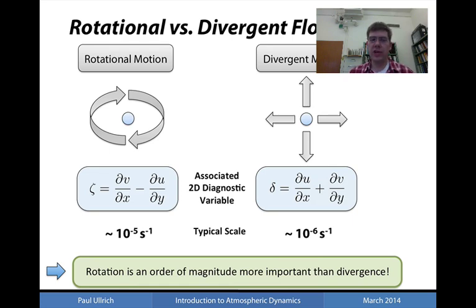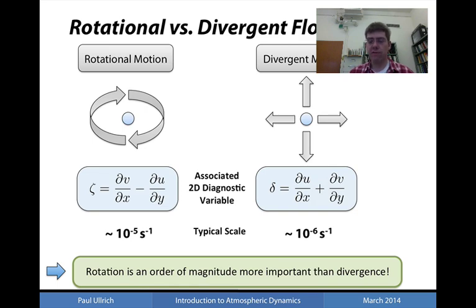So comparing rotational versus divergent flow, rotational motion, denoted by zeta, is defined by ∂v/∂x minus ∂u/∂y. It has a typical scale of about 10 to the minus 5 per second for large-scale mid-latitudinal systems. This can be observed immediately by noting that the vortical component has a scale of velocity divided by length.